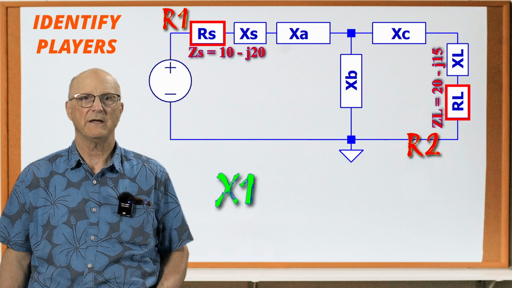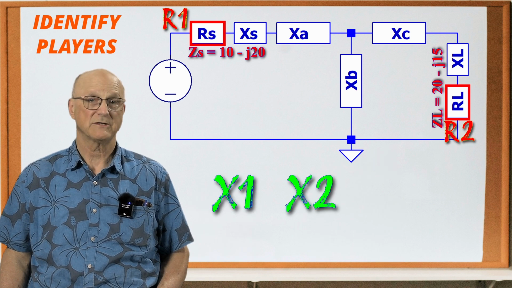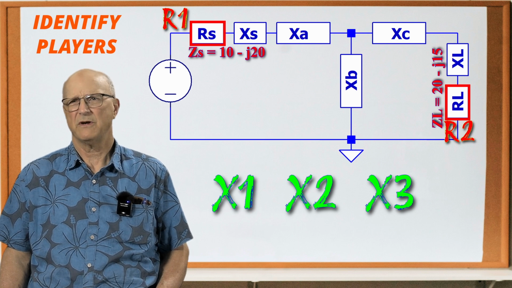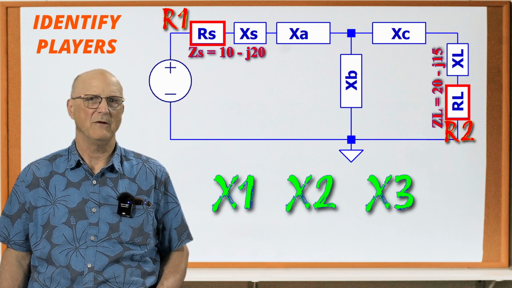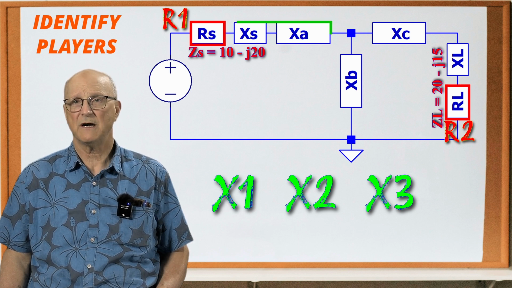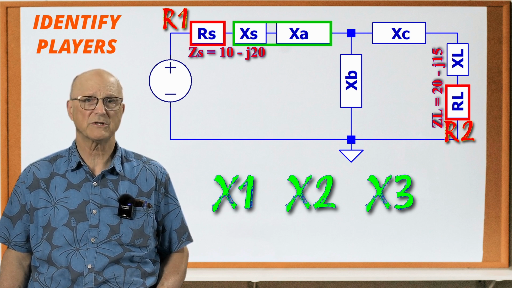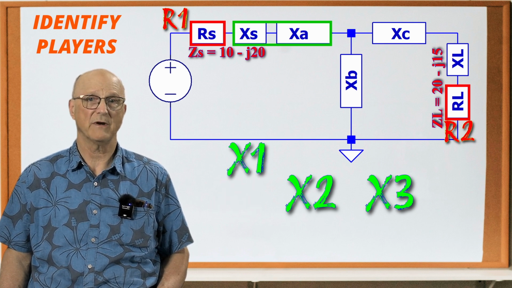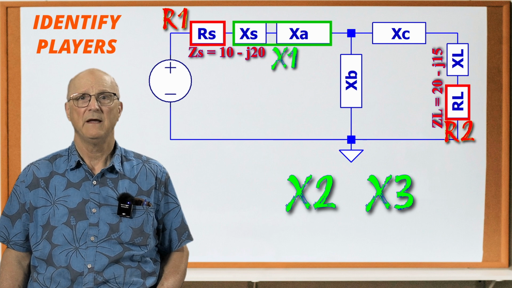We will be calculating X1, X2, and X3 with our equations. What do these refer to? Well, X1 is the reactance of the series combination of the reactive portion of the source impedance and the input series component XA.